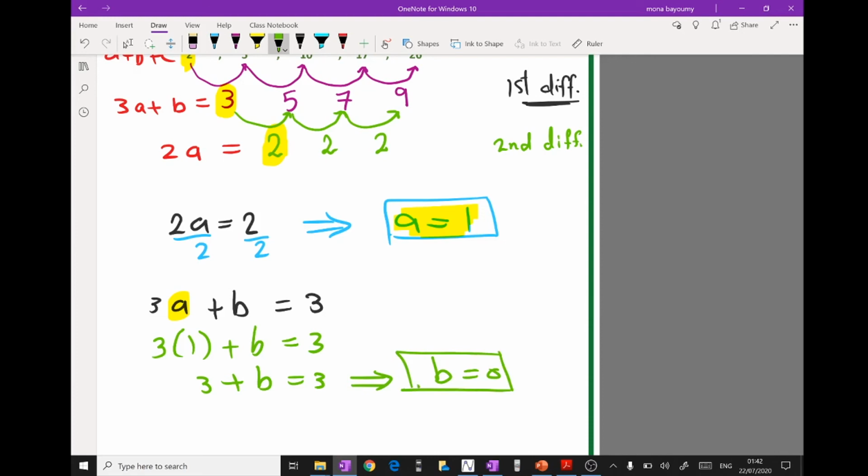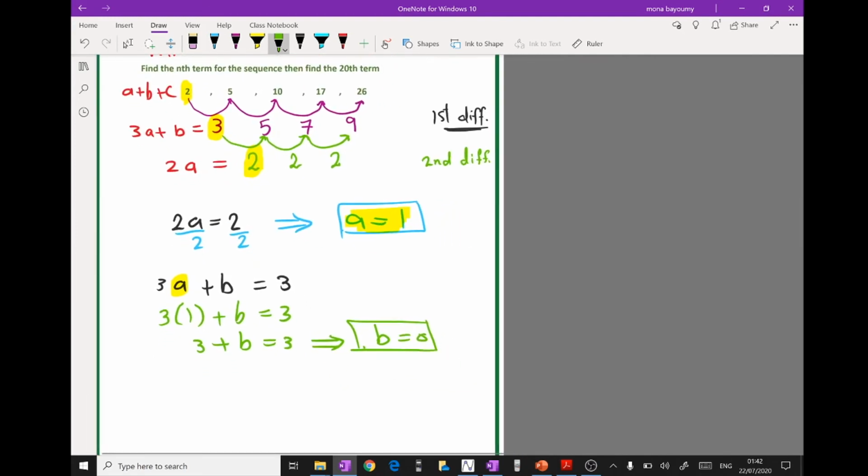To find the last variable, c, the value of c, I just have to write the last equation and substitute for a and b by 1 and 0. So a plus b plus c is equal to 2. I will substitute a equals 1, b equals 0.